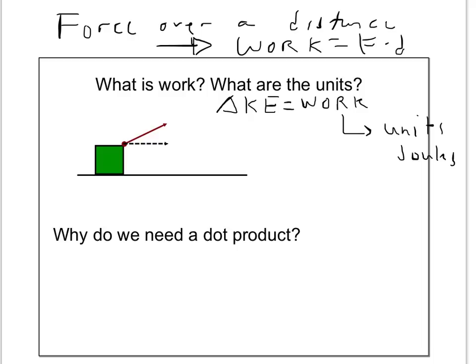And we could show that by looking at the units of force times distance, and you'd get kilograms times meters squared per second squared. But if we think about this particular case where we've got some force pulling on a block, the only force that really impacts the displacement is the force in the direction of the displacement, this F cos theta.